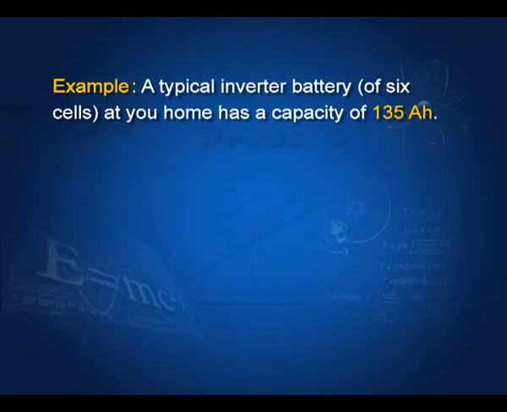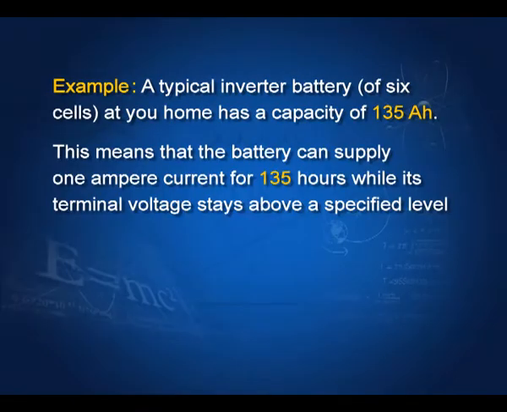For example, at your home, a typical inverter battery, if you look at it carefully, will state that the capacity of this battery is 135 ampere hours. It can be 150, it can be 100, but generally the capacity of such batteries is 135 ampere hours. This means that this battery can supply 1 ampere for 135 hours without reducing the voltage of the battery beyond a certain point.